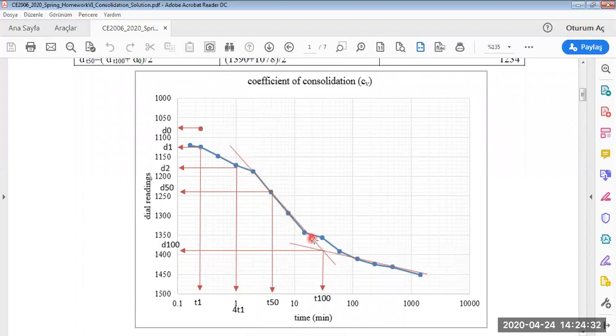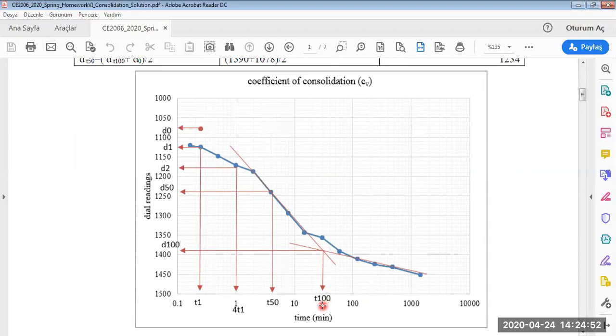Here is the primary consolidation line, this is the secondary compression line. These lines must be best straight lines, including these points. So we draw them and make an intersection here. The intersection point of these two lines is called T100.